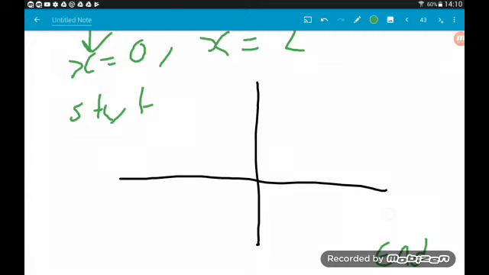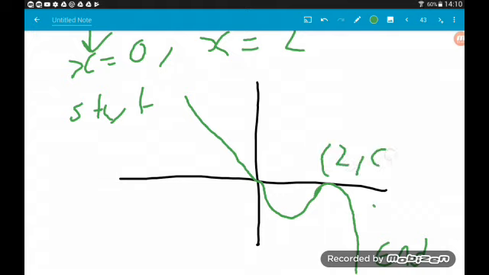Well, it's going to have to go something like this. It's going to have to go through the point 0, 0 and then go up, hitting the x-axis at x equals 2, and then carry on going down forever and ever. So coordinates for this point are 2, 0, coordinates for this point 0, 0. Good times.